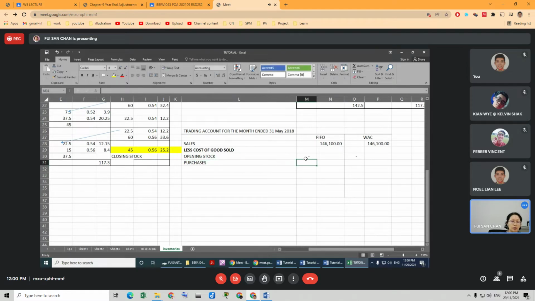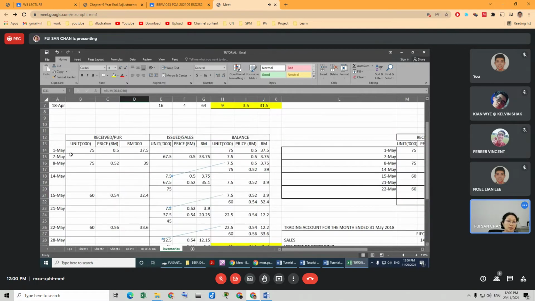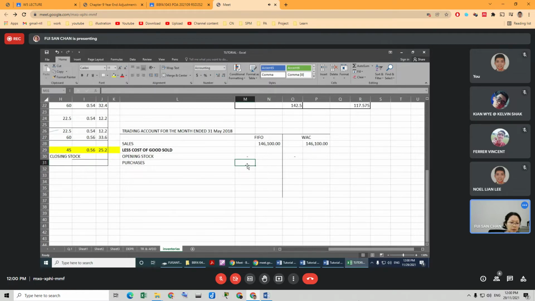Our purchases, we already calculated here. These are our purchases, right? You see? Received, purchased, right? So 142. Now again, whichever method that you use, your purchases is the same.